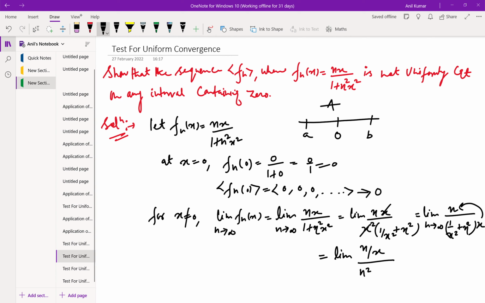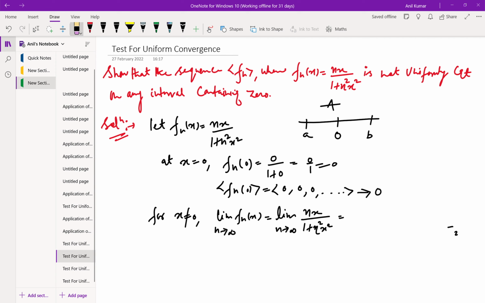We are making a mistake here, we are making a mistake, so let's improve our mistake.